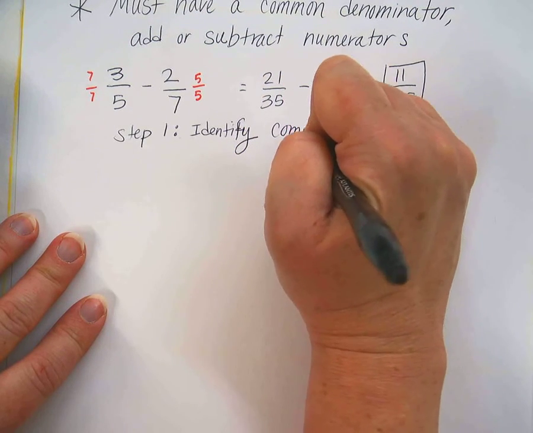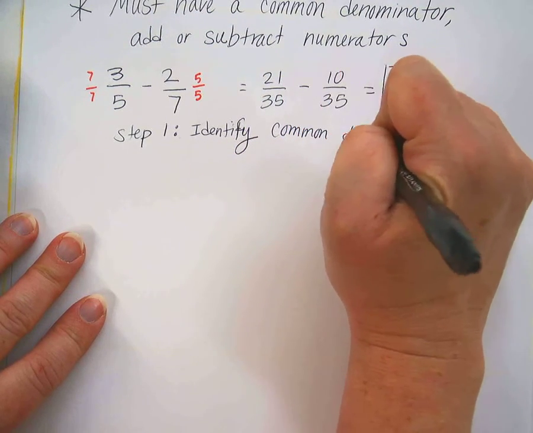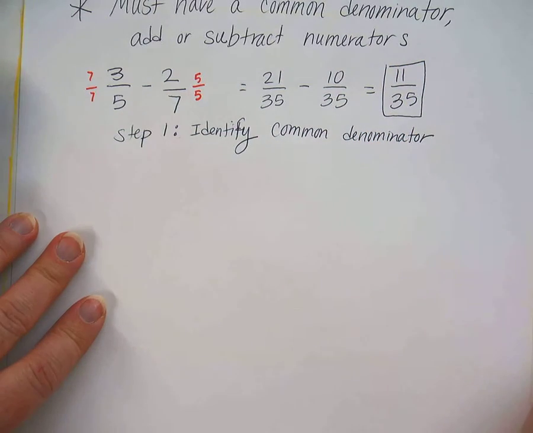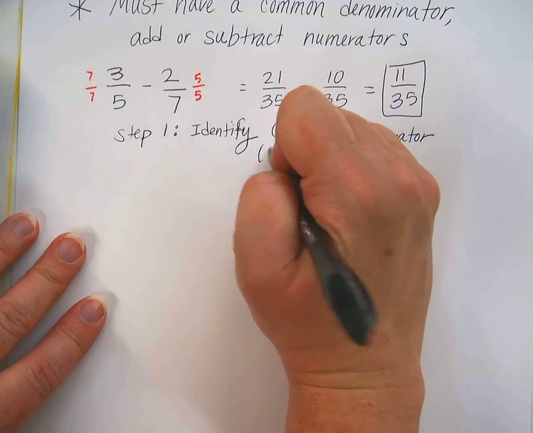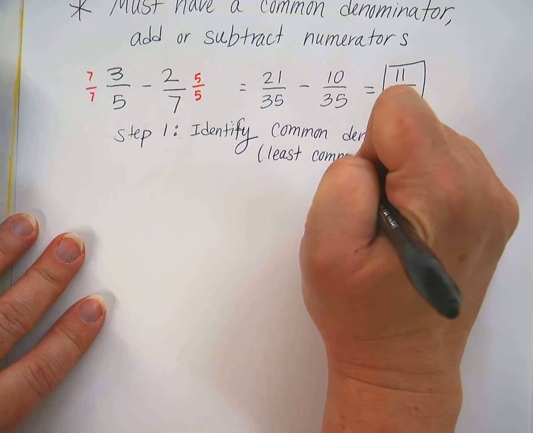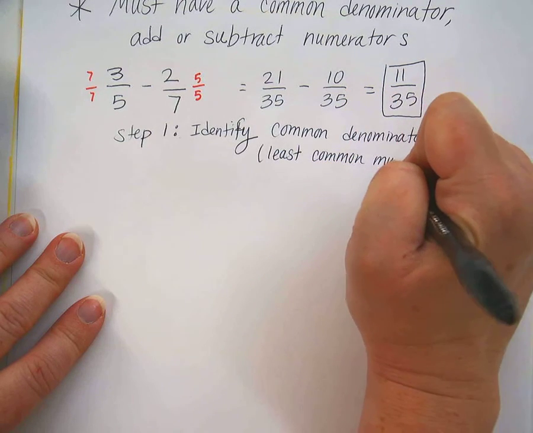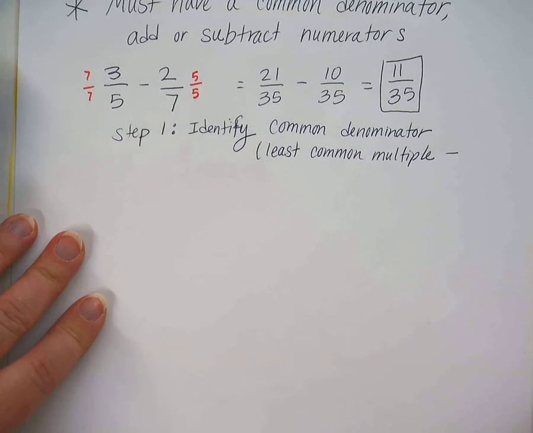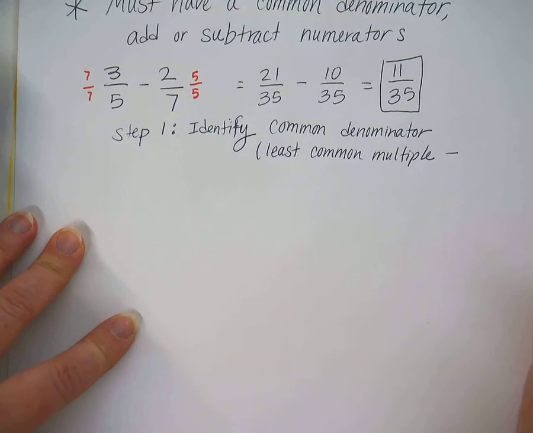Common denominator. Okay. Another name that sometimes we call the common denominator is a least common multiple. Have you heard that before? So basically that means it's the smallest number that both denominators divide into.